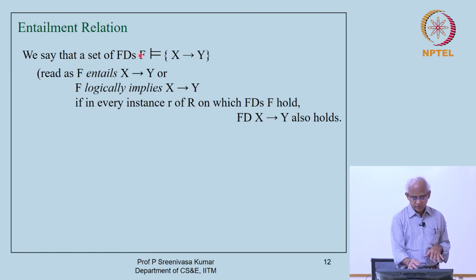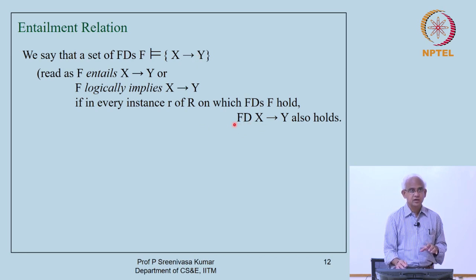Now, the defining condition is that in every instance r of some relation scheme R on which these functional dependencies F hold, if the left hand side functional dependencies hold, then it is always the case that the right hand side functional dependency also holds.